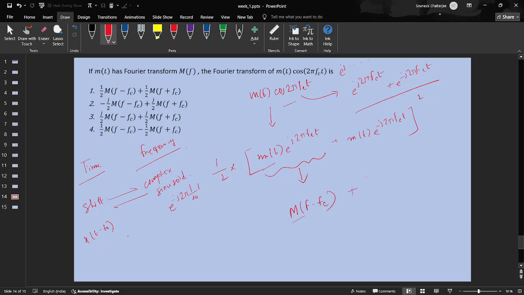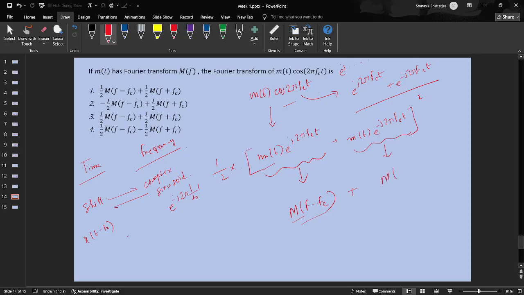What about the second one? What will you get there? So you mentioned the first will have its Fourier transform shifted to fc on the positive side. What happens to this one?